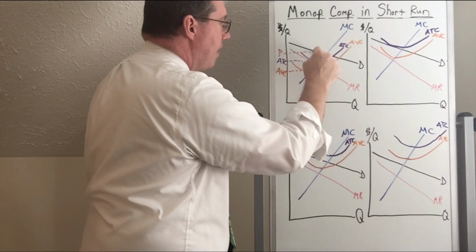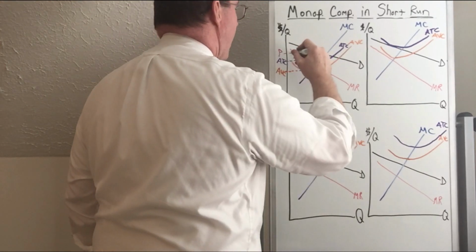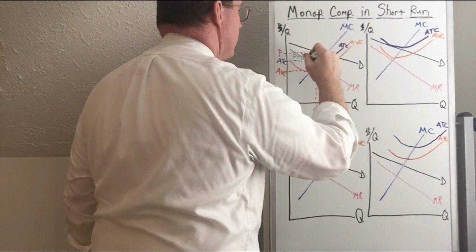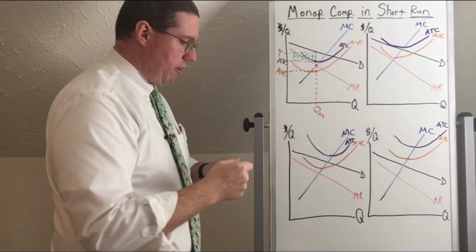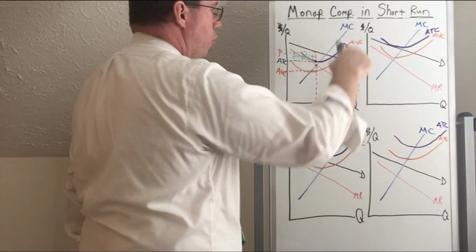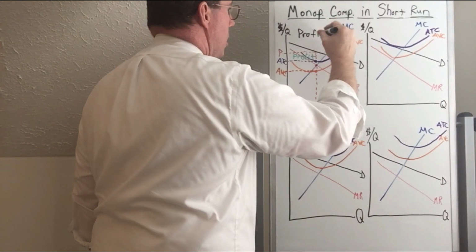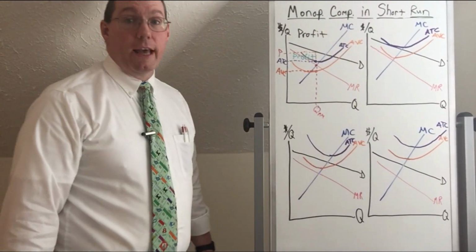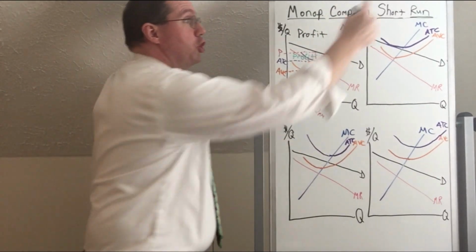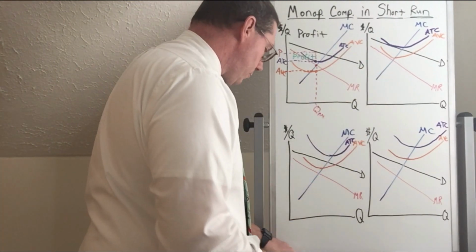That means that this rectangle right up here represents the profit rectangle, profit, that this monopolistic competitor is earning. And therefore, this graph that we're looking at is a situation where this monopolistic competitor is earning an economic profit in the short run. Okay? All right, let's go over to this one here.